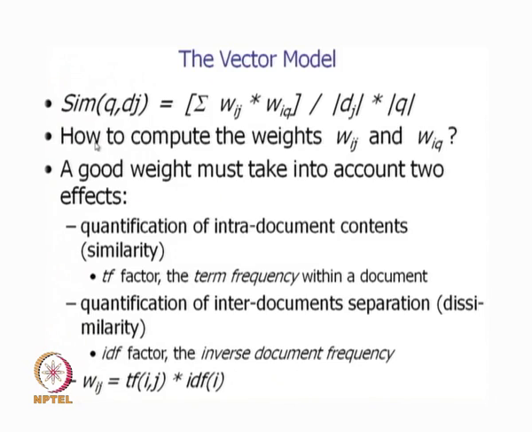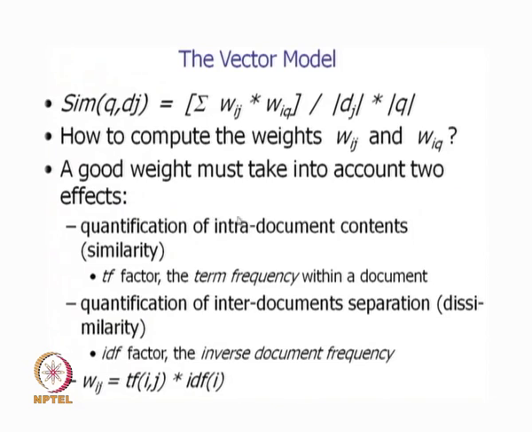Now, the key question that comes to our mind is how to compute the weights w_ij and w_iq. How do we do it? A good weight must take into account two effects: quantification of intra-document contents, the similarity, which is also called the TF factor, the term frequency within a document, and quantification of inter-document separation. This is the dissimilarity, and this is captured by what is called the IDF factor, the inverse document frequency.